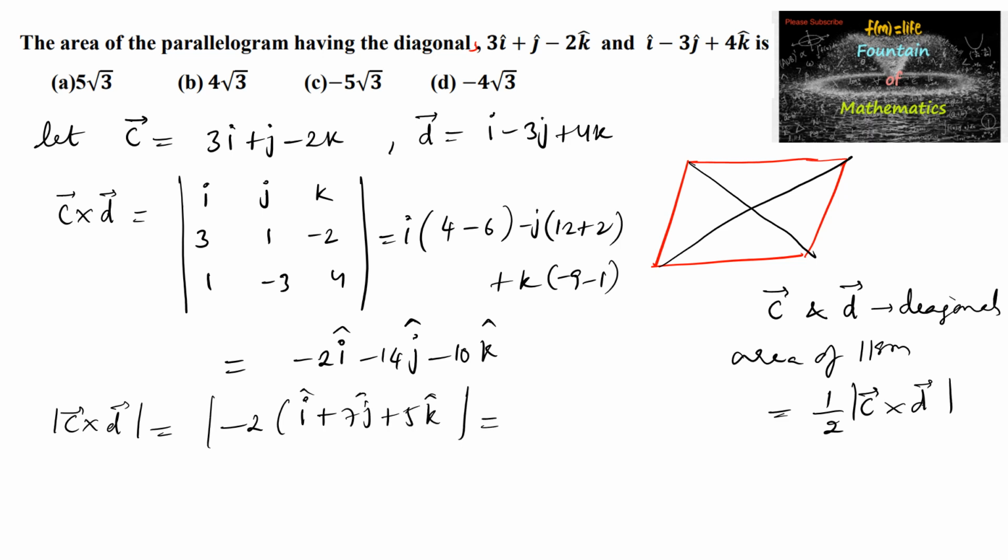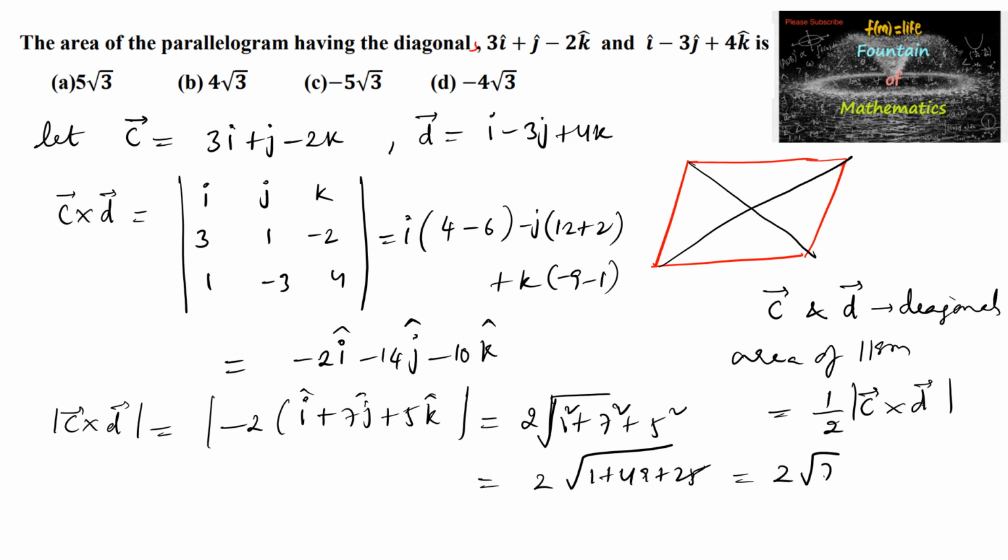mod, which is equal to 2 times, root of 1 square plus 7 square plus 5 square, that is 2 root of 1 plus 49 plus 25, that is 2 root 75. So 75 is 25 times 3, so we can write 10 root 3.